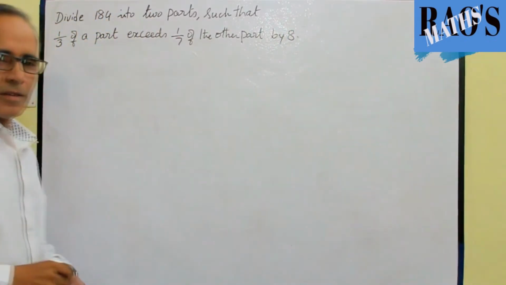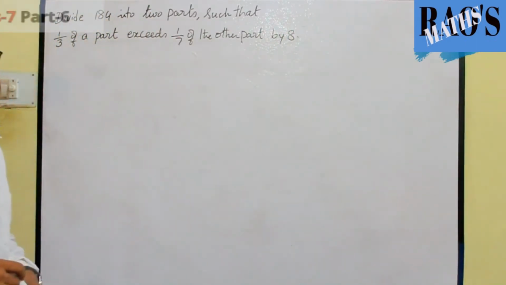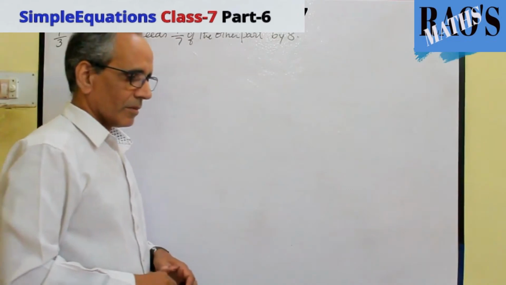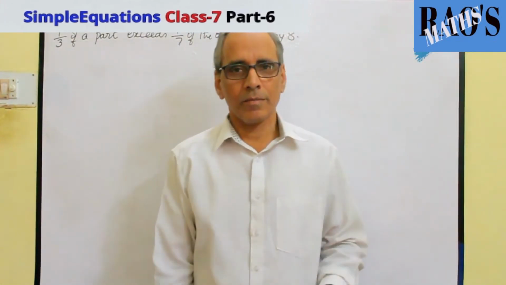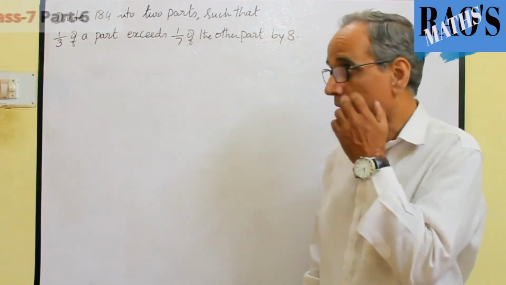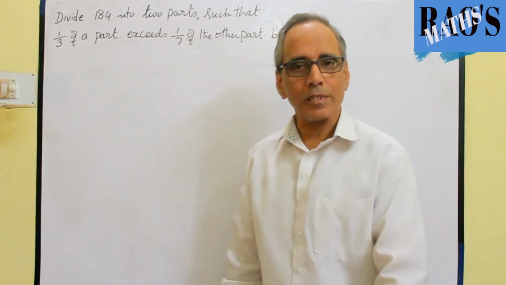Okay. And this is a very important question. Important not in terms of examination, in terms of the concept in it. Okay. Whenever I say important, don't feel it may appear in the examination.